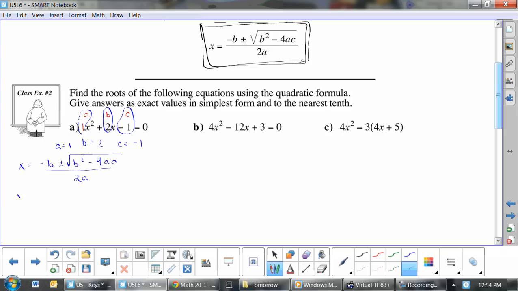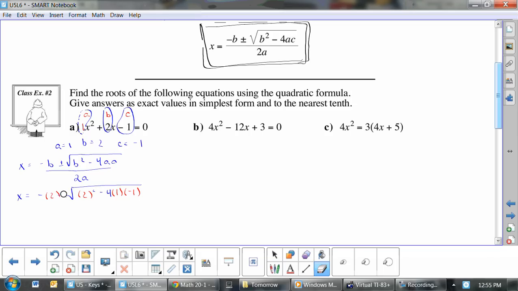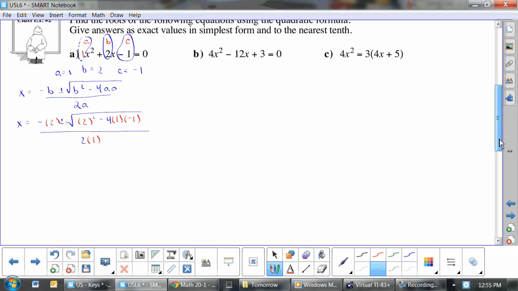So we'll go x is equal to minus... we'll get to that. Okay. 2 squared minus 4... Okay, so then we're going to simplify it a little bit.